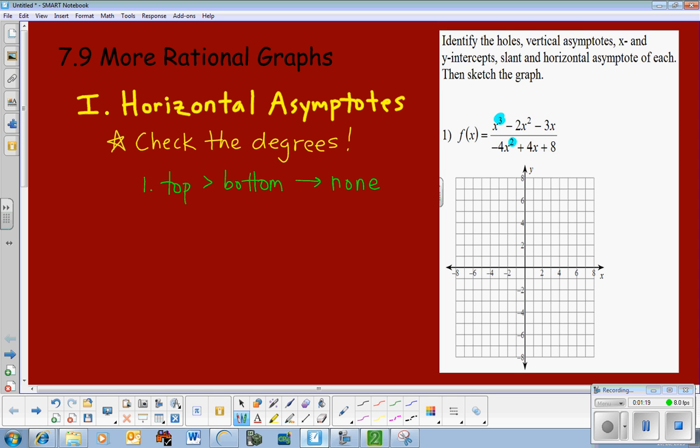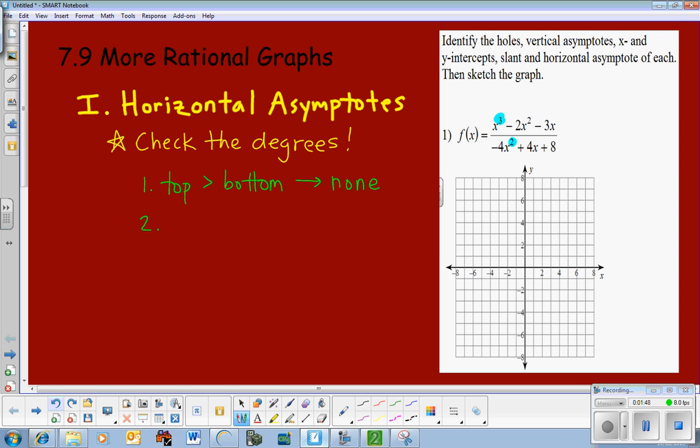Meaning as x gets really, really big, this cubic is going to, in a sense, dominate this quadratic, and the difference between them will grow, and it will approach infinity. If you plug in 1,000,000 for x, you're basically going to get a huge, huge number. Maybe positive, maybe negative, but the point is, it's not going to approach a certain value. It's just going to keep growing and growing and growing as x gets big and small.